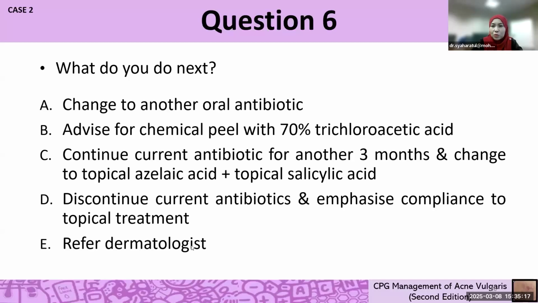I don't think so because it's worsening, so I don't think we should discontinue the oral antibiotic. C, not that many. The majority say to refer to a dermatologist. But some do answer C, continue the current antibiotic for another 3 months and change to topical azelaic acid. Yes, that could be an option.